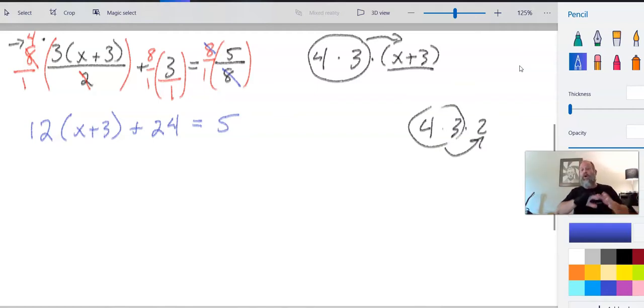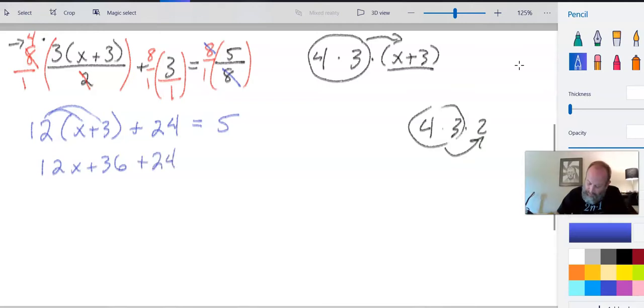Now all we need to do is distribute, collect like terms, and then start sorting x's and numbers. If I distribute, I end up with 12x plus 36, and then plus 24 equals 5. These are like terms. 36 plus 24 is 60.